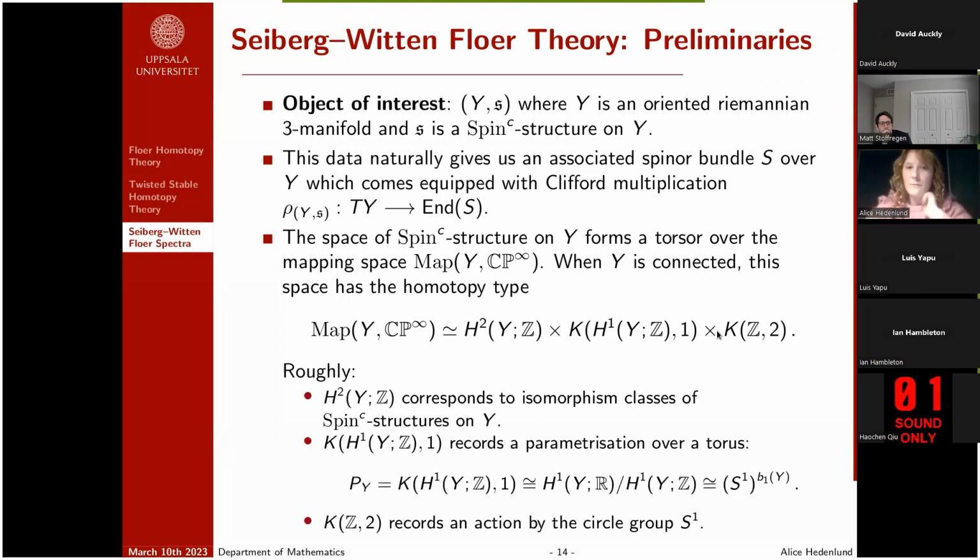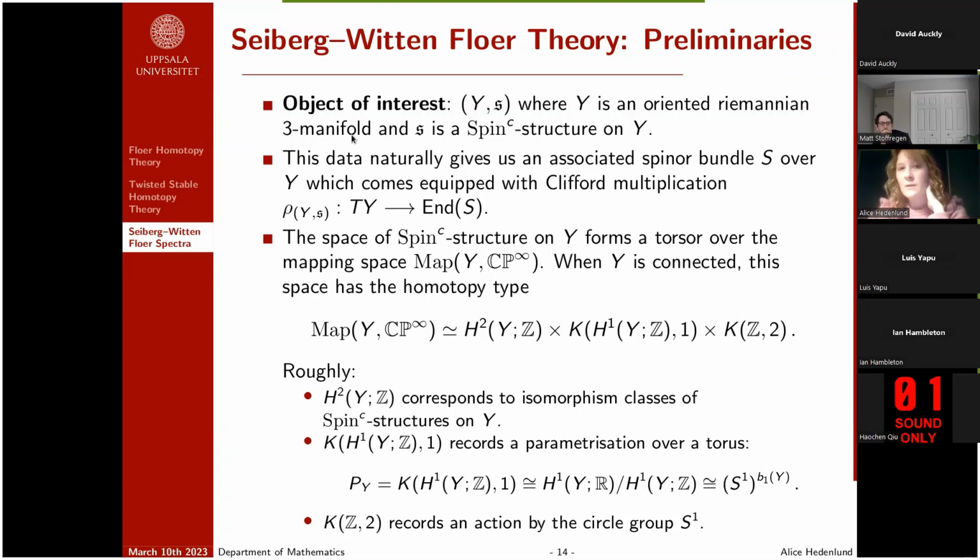Roughly, you should think of the three components in the following way. This second homology corresponds to the isomorphism classes of spin-C structures on Y. And this is pretty well known.